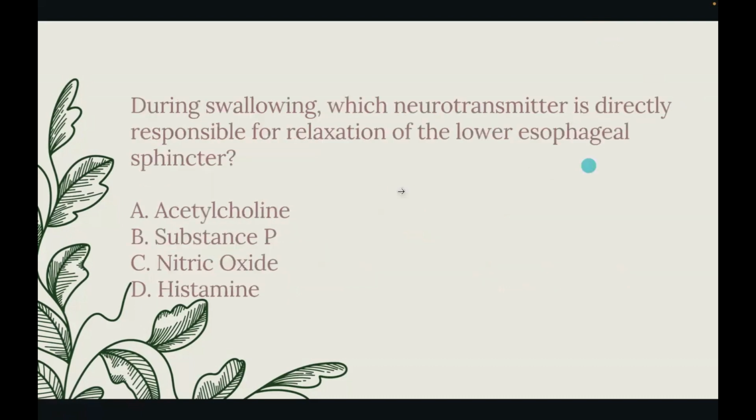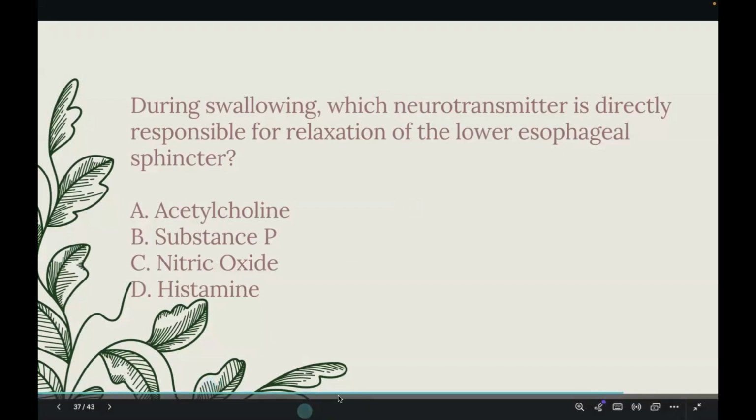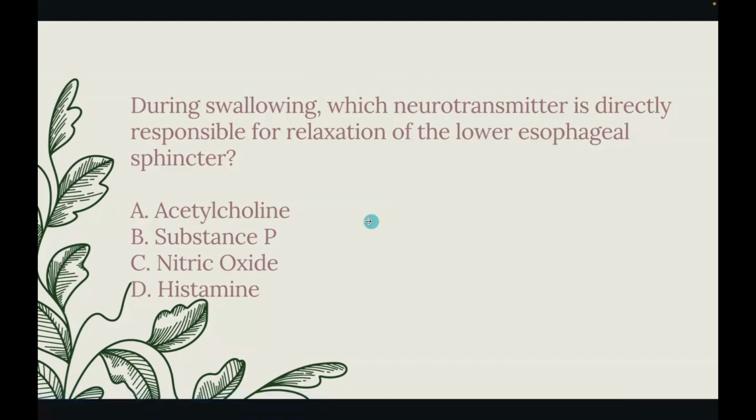Okay, now the second question. During swallowing, which neurotransmitter is directly responsible for the relaxation of the LES? Anyone else? Perfect. Good job. It's the nitric oxide. Again, these are very, very high yield.